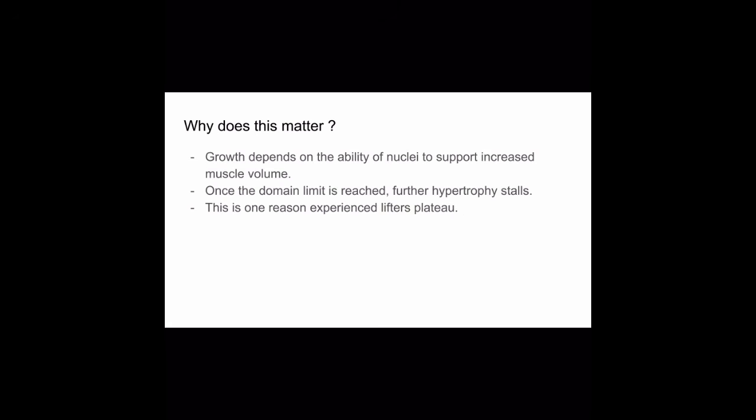So why does this matter? The growth is going to depend on the ability of nuclei to support increased muscle volume. If you want to grow more in those myofibrils, you're going to need more nuclei. Like I just said, you're going to hit a hypertrophy limit. You're going to stall out if you don't add more of these nuclei.